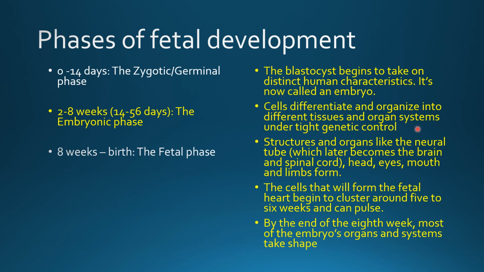Structures like the neural tube, which becomes the central nervous system later on, the head, eyes, mouth, and limbs, as well as the heart, form during this period. We can hear the pulse of the baby or the embryo between 5 and 6 weeks. By the end of the 8th week, most of the embryo's organs and systems take shape.